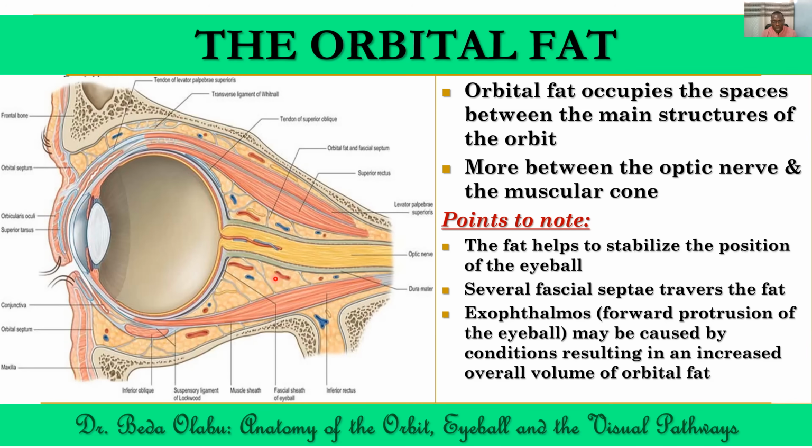This condition is commonly seen in people with hyperthyroidism. So there is an increased volume of the orbital fat, and that means that they're now competing for space. And so what happens is that the globe itself will be pushed forwards, and a big part of it will be protruding out of the orbital socket. That's what we call exophthalmos.